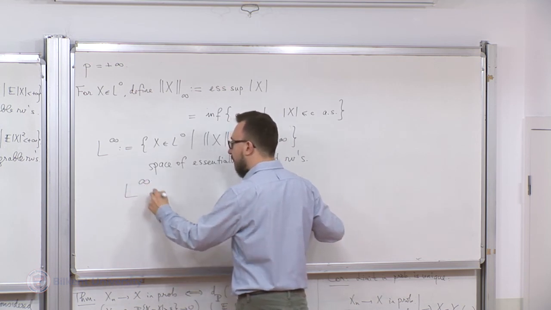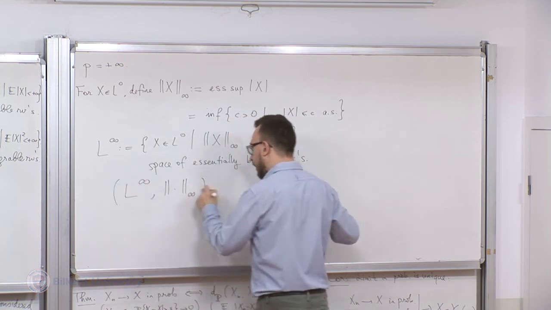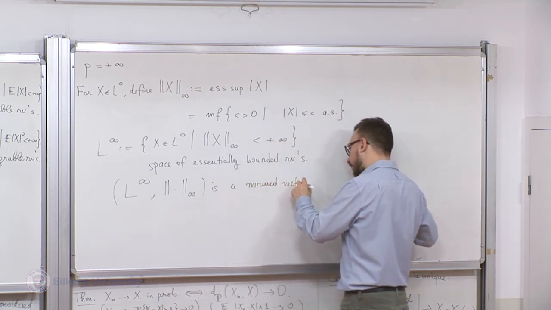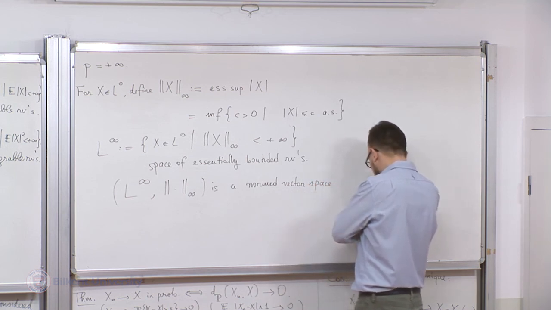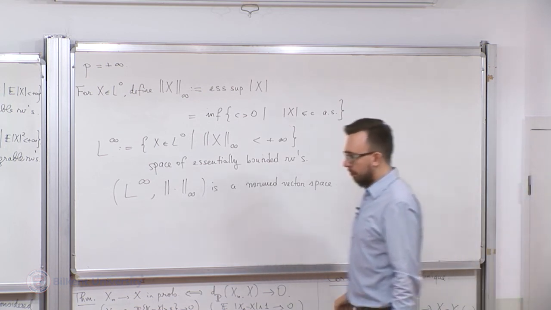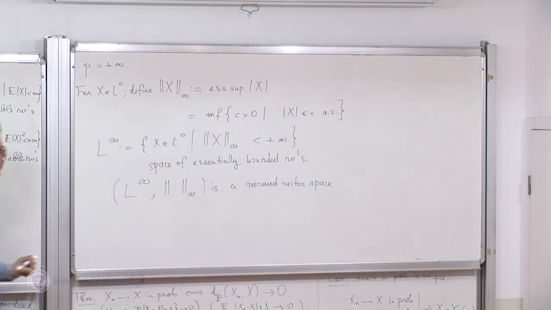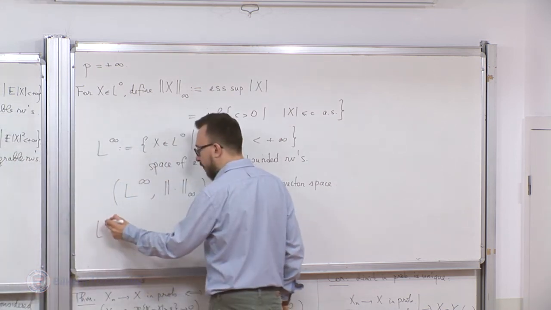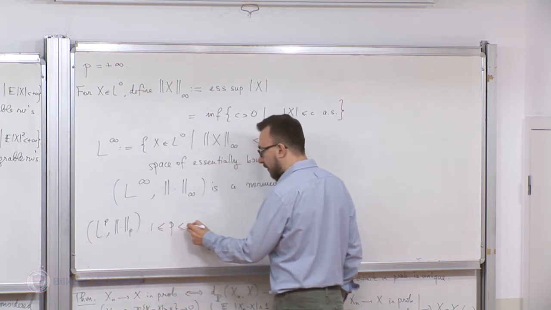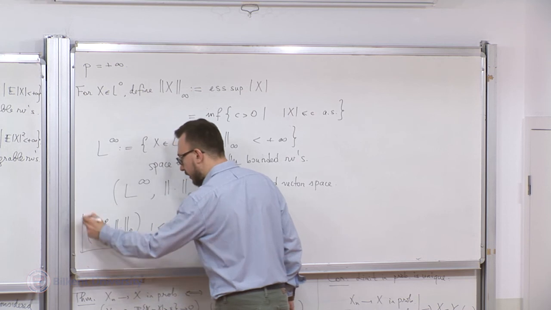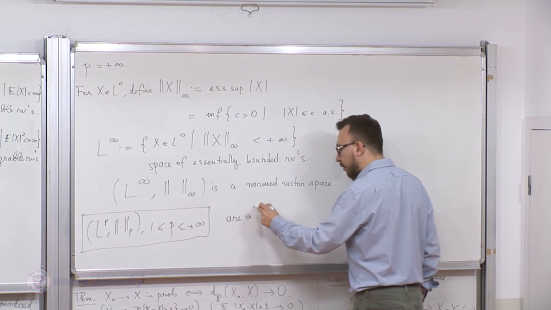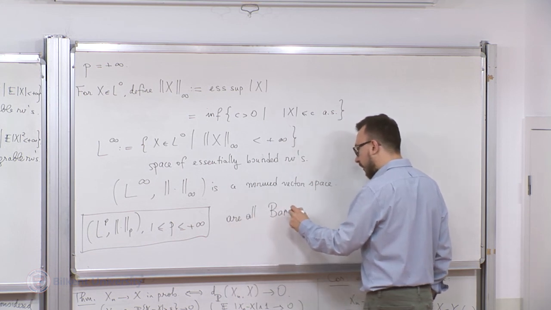And again, L infinity with the L infinity norm is a normed vector space. So this means we have L^p spaces for the cases p between 1 and plus infinity. These are the spaces that we obtained, and they are all Banach spaces.